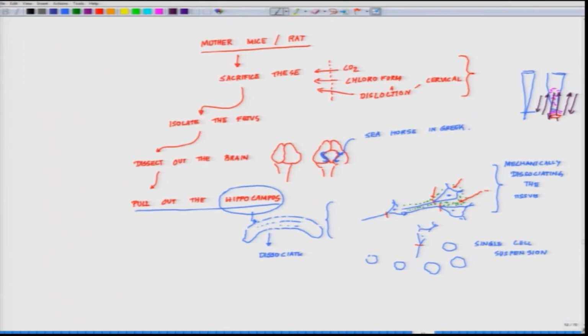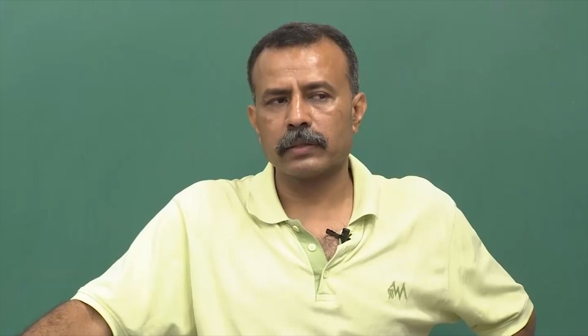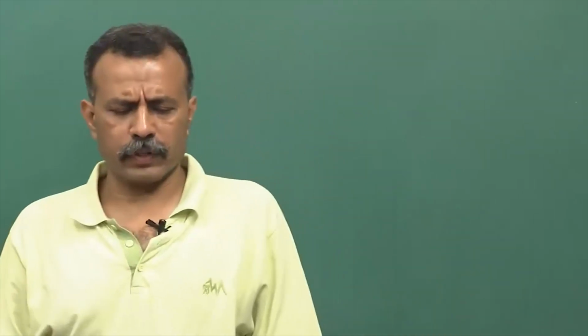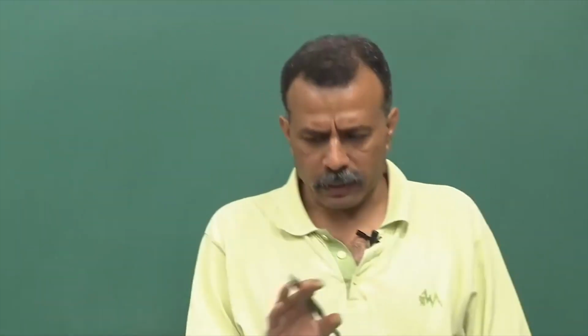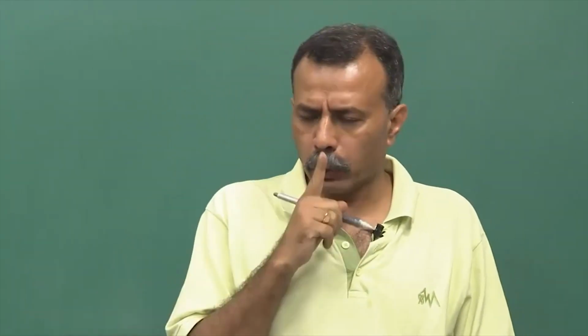You will be obtaining what we call a single cell suspension. It is a kind of shear force by virtue of which you are breaking the tissue. It is a very brute force method, but it does work for tissue which is soft. And that is good enough, especially for hippocampal neurons.